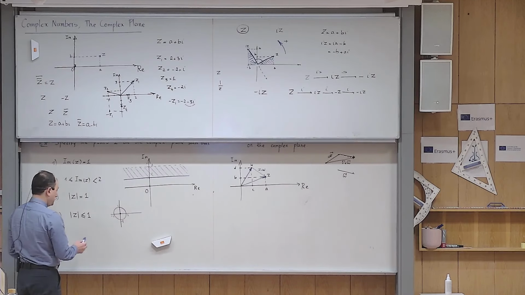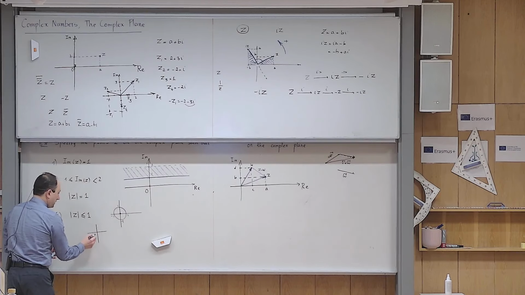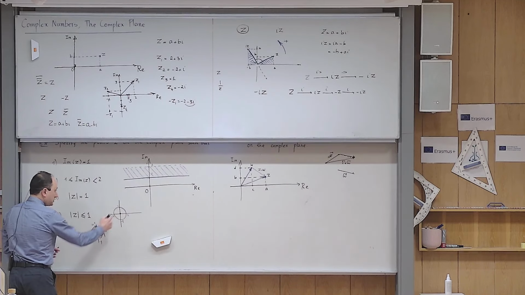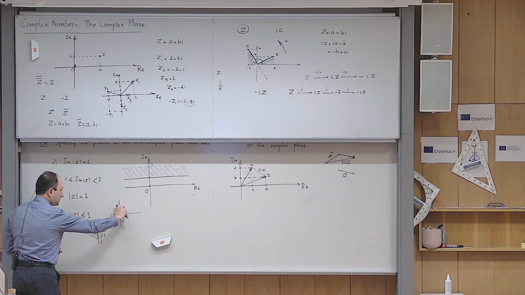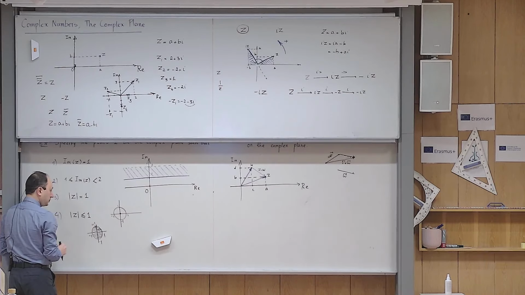If you want to sketch it, you draw this circle of radius 1 and then show that you are coloring this region. In the previous case I was only interested in points whose distance is exactly 1, but here I want those, and also the smaller than 1.